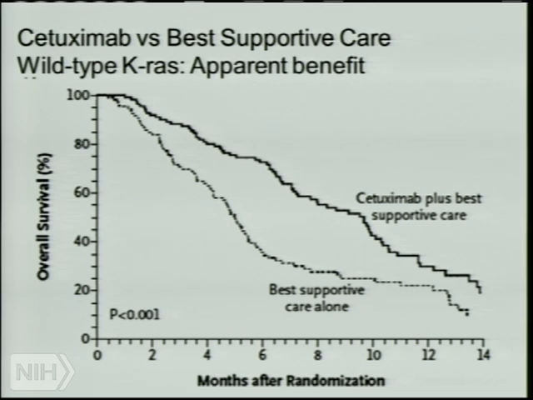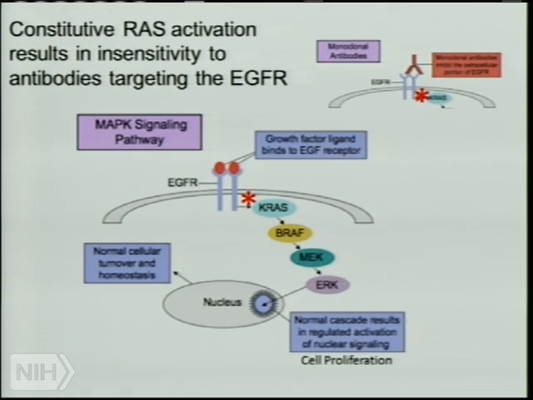So that was one of the first clues that we have to be careful with inhibiting the EGF receptor pathway, because downstream of that, we're going to have alterations that may affect whether you respond or not. And so here you have EGF receptor signaling through KRAS, BRAF, MEK, and ERK, which I showed you as one of the proliferation pathways.